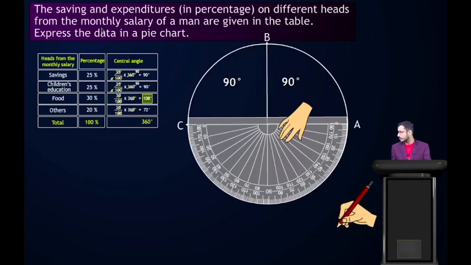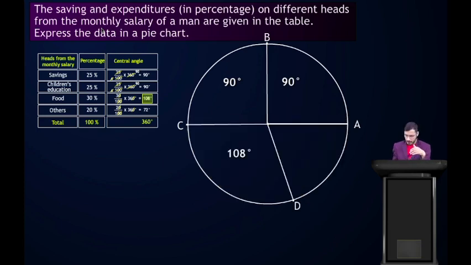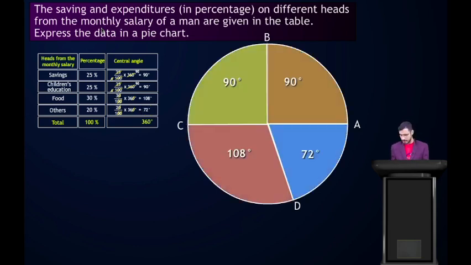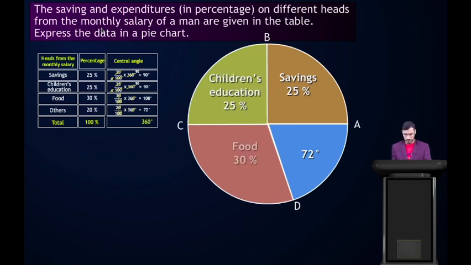And fourth angle is 72 degree. Now write the corresponding components. So 90 degree is savings, another 90 is children's education. Third one, 108, is food, so write food here, and 72 is others. Okay students.